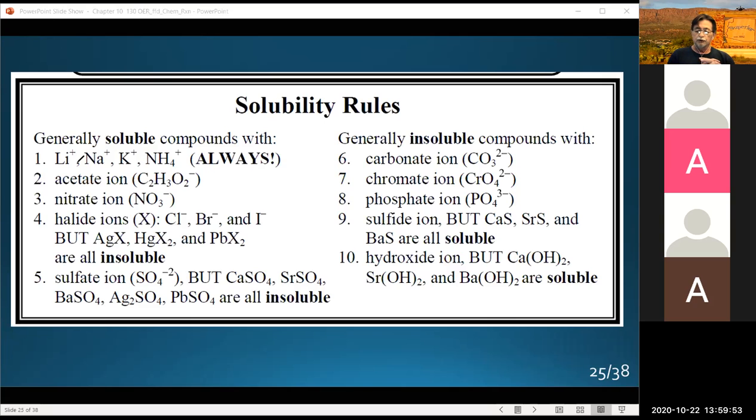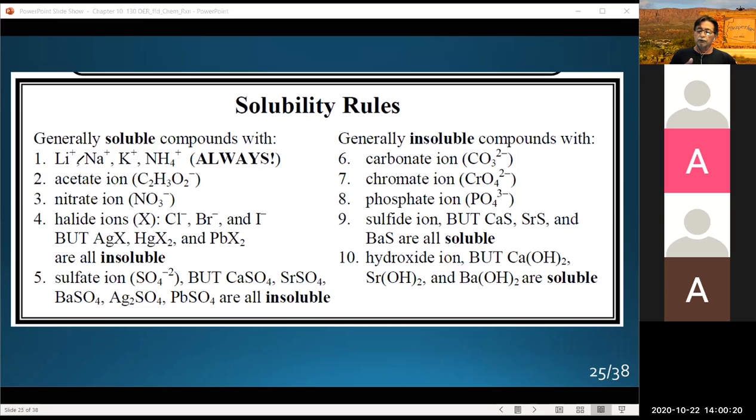They put them into the salt form so we can get them in solution to absorb them a little bit better. Number 2, acetate, regardless of what the cation is, it is soluble, the same as nitrate. Regardless of what cation you're using, it is soluble.